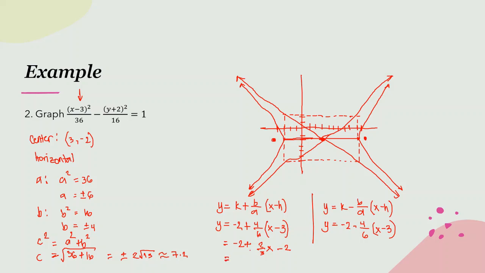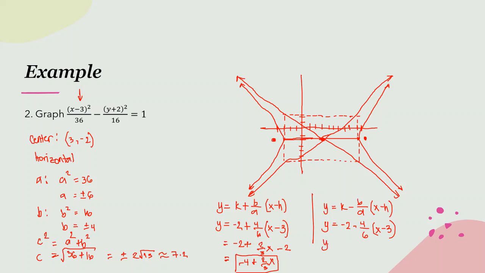So -2 minus 2, that is equivalent to -4 plus 2/3 of x. So this is now one of the equations of our asymptote.